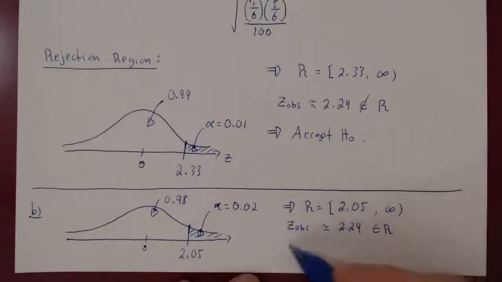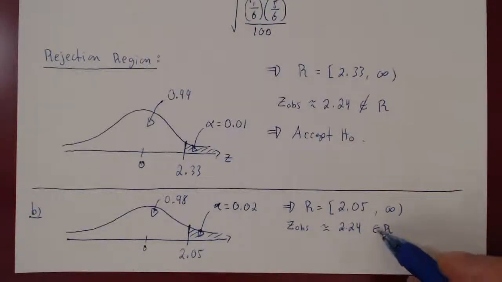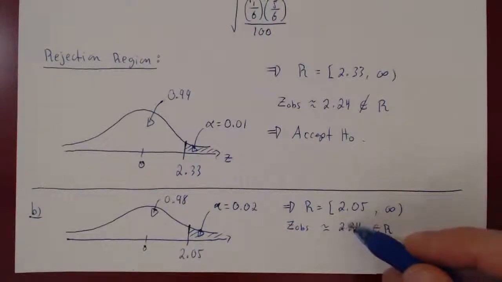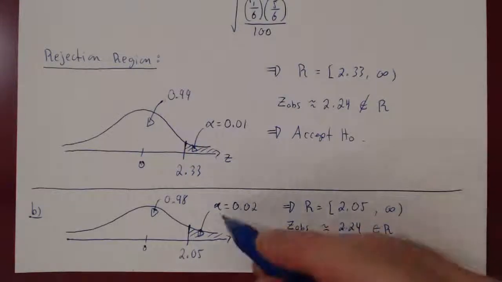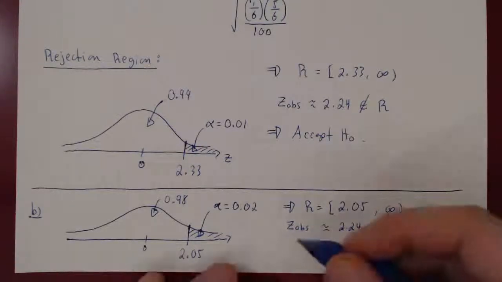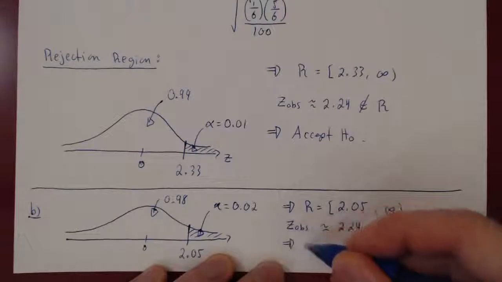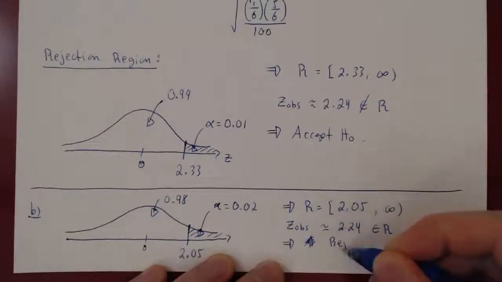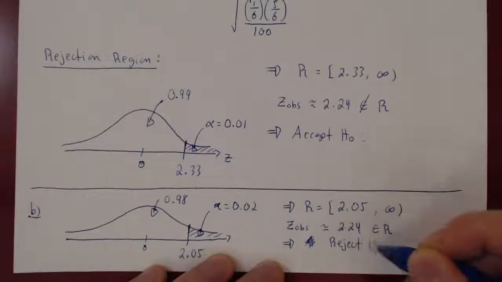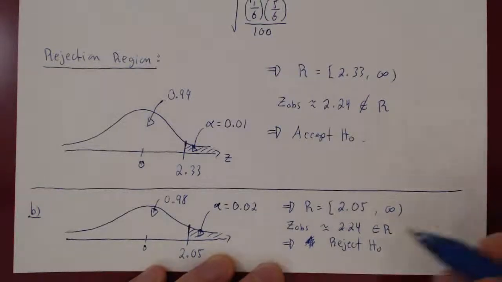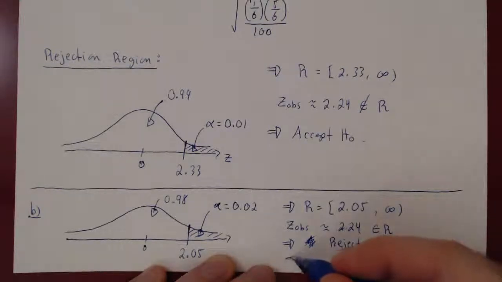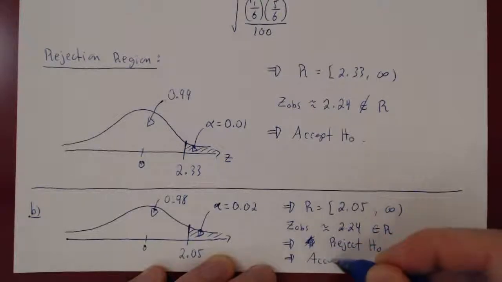So we have evidence here against H0, because if H0 were true, we have observed something that is less than 2% likely, that is too unlikely, and so we choose to reject H0. And if we reject H0, then we end up accepting H1.